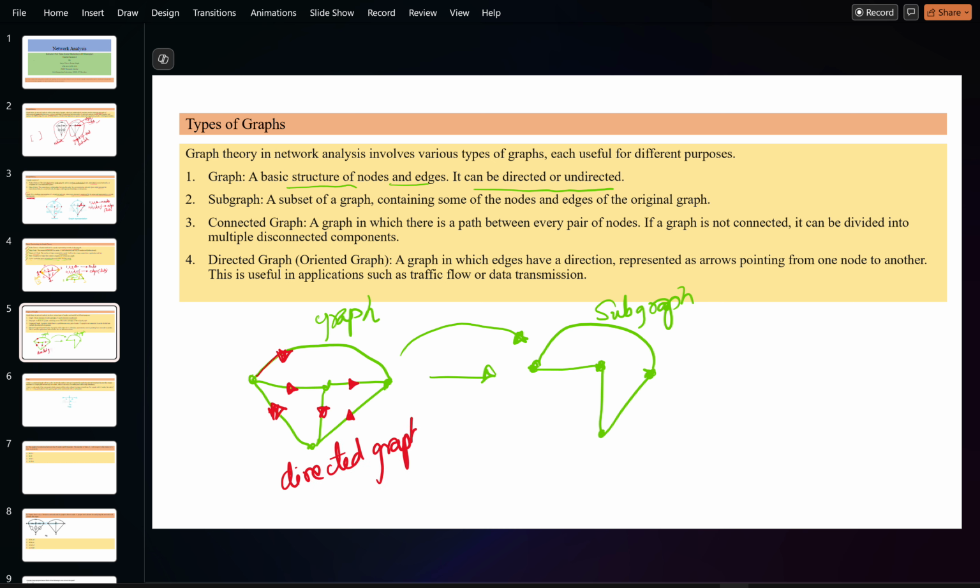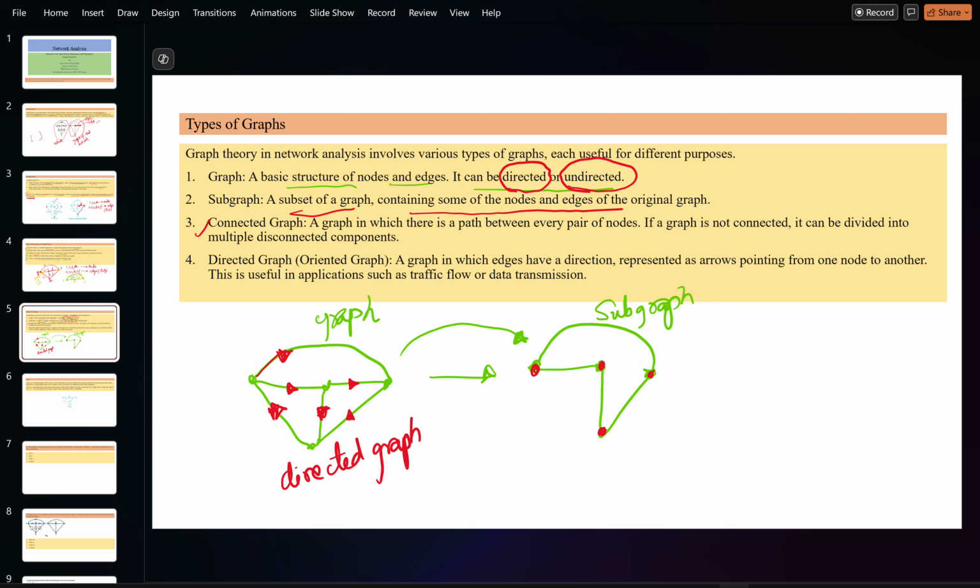Okay, if these arrows or directions are not given, this is called a non-directed or undirected graph. So this is the basic difference between directed and undirected. What about the subgraph? It is a subset of a graph containing some of the nodes and some of the edges, where you can see here also some of the nodes and some of the edges.